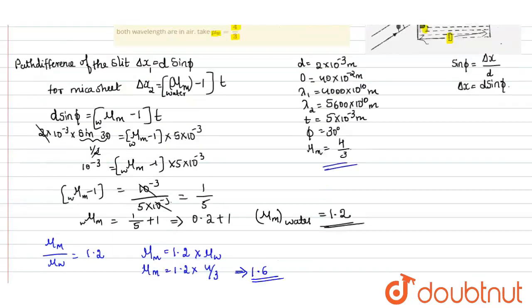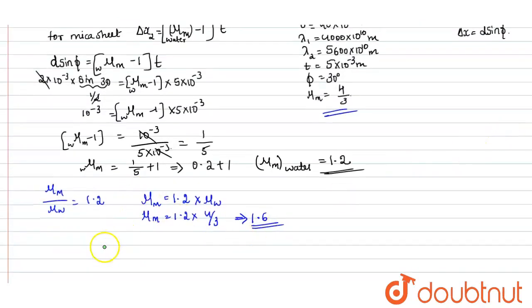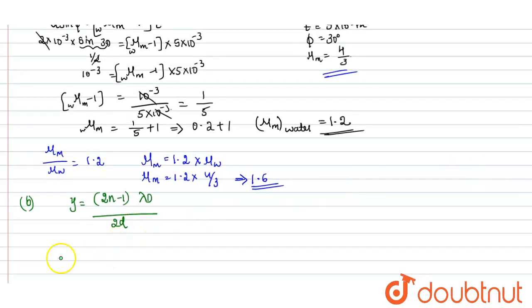We know the equation to calculate y: y is equal to (2n minus 1) lambda D divided by 2d. So if we are considering the first black line on either side of C, then those first lines are at equal distance from C. So we need to consider two cases, and they must be equal.